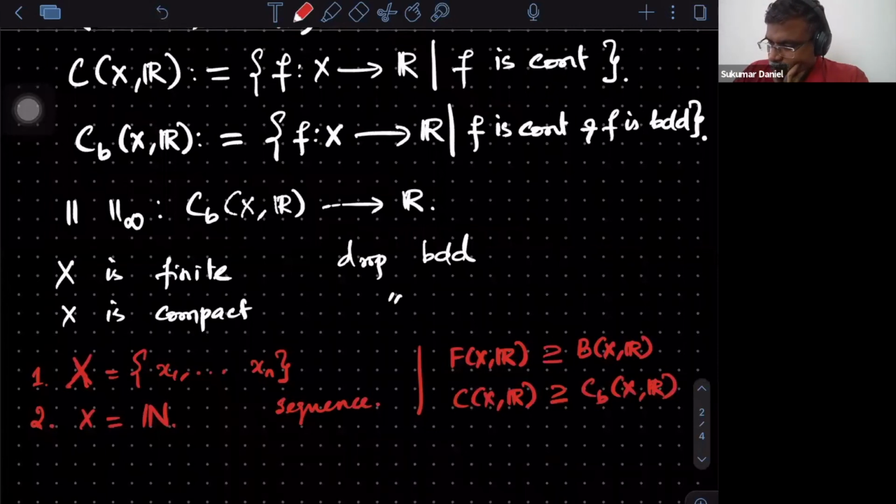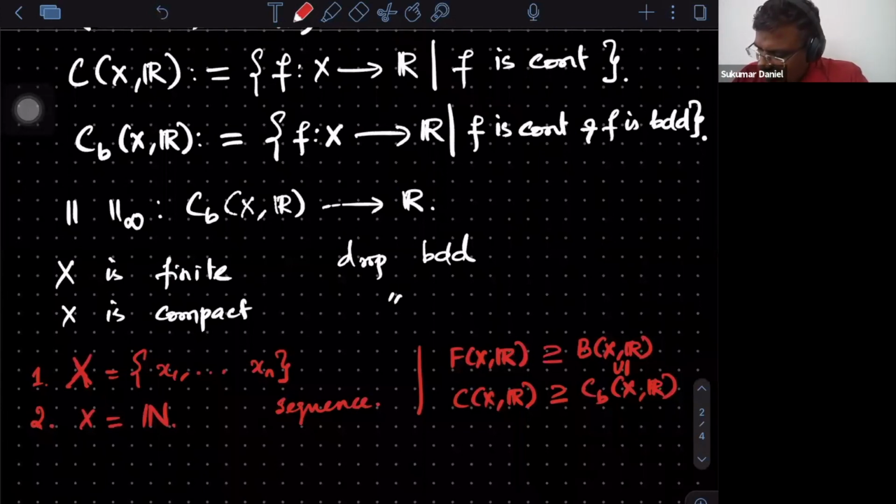And here also there is a subset. But directly there is no connection between CXR and BXR unless I put some condition on x. You can think about that. So what are all these functions? Make them a little more familiar, and see what it means to say that the function is bounded, if it is going from the natural numbers. One can ask such questions.